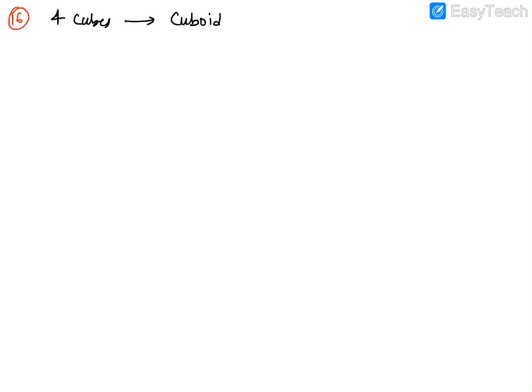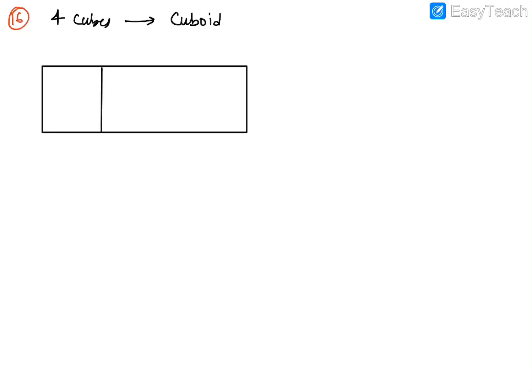Now, so how to do this? So let's say from here, it's a cuboid, so this is for a cuboid now, is what we've got. So let's say there is one part here, there is a second part here, that's the third part, and the fourth part.